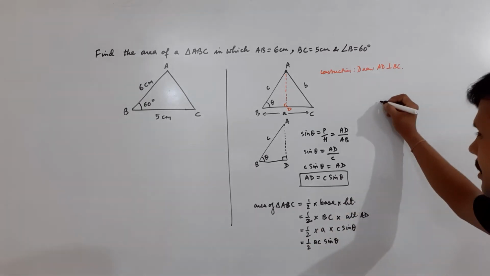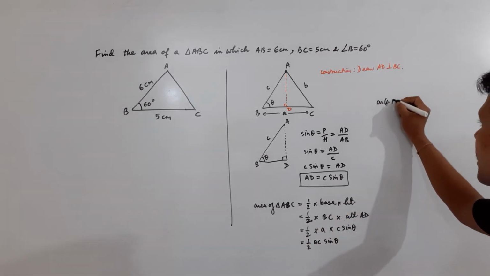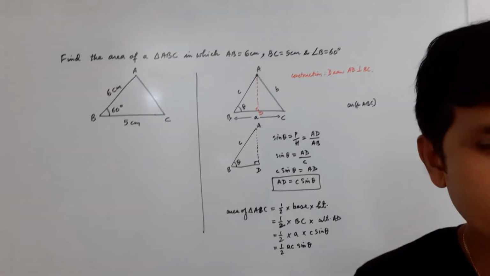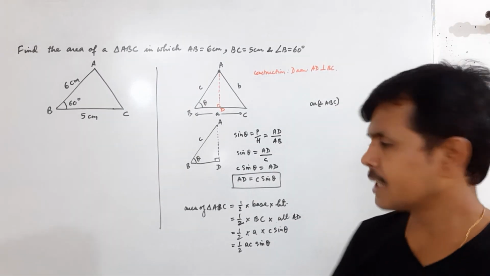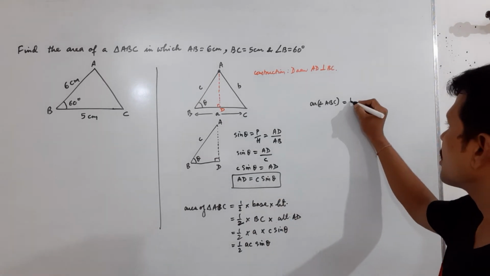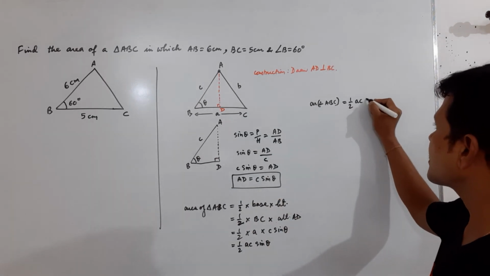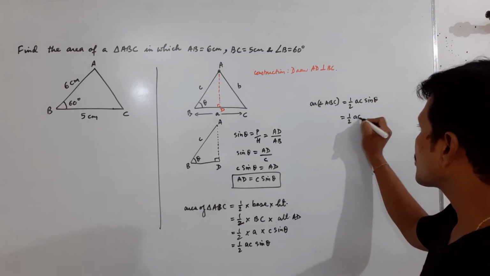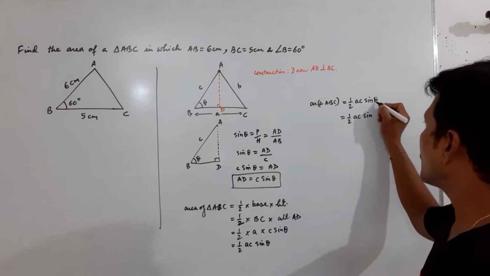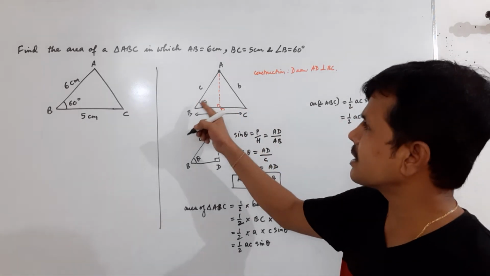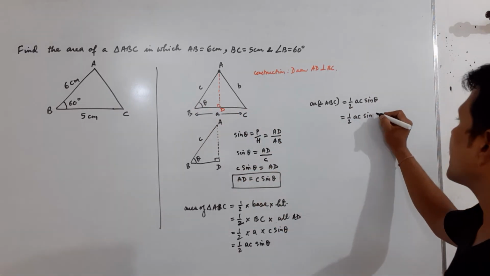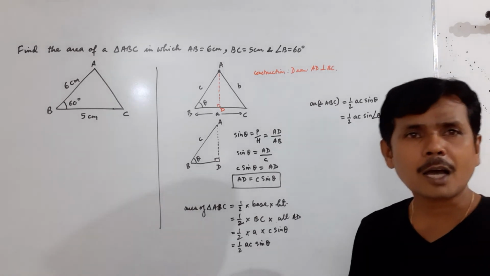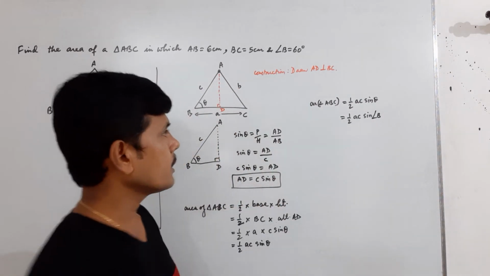So we can write area of triangle ABC equal to half a c sine theta. Suppose I don't want to write theta over here. This theta is at angle B, so I will write angle B. Now look at it carefully.